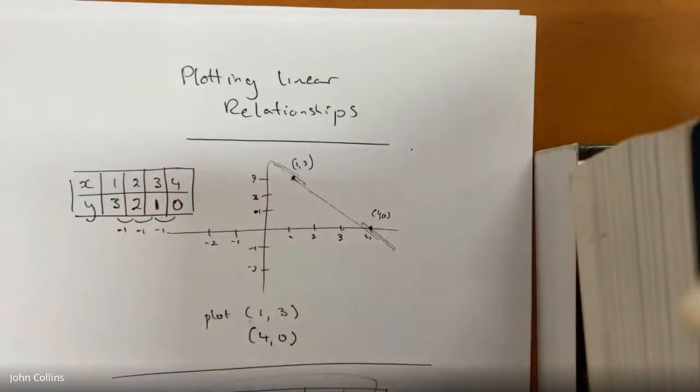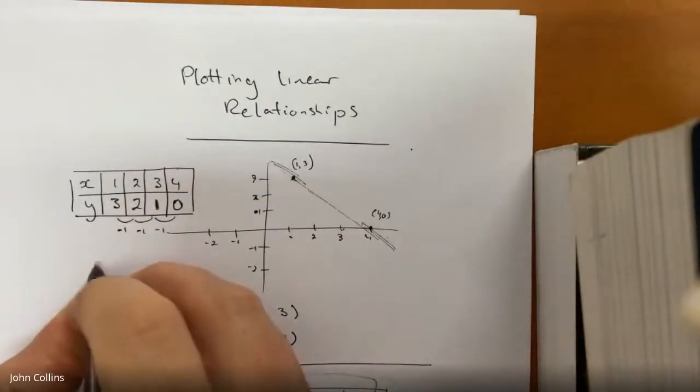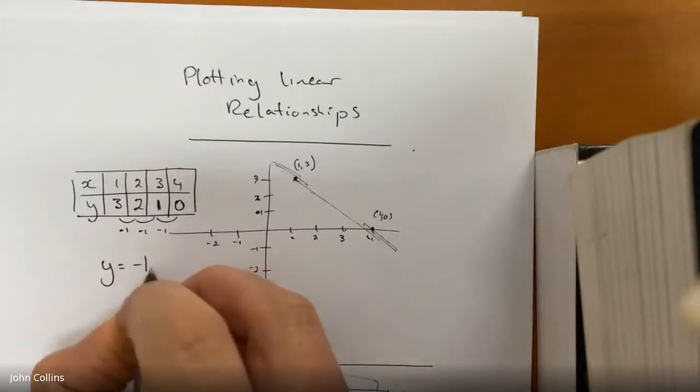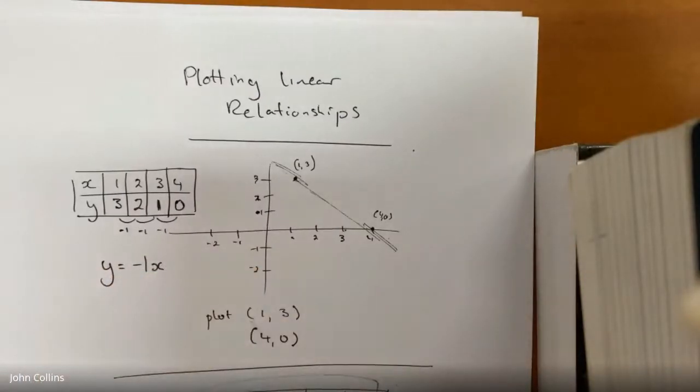That means -1 is our multiplier, which means in our formula we have y is equal to -1 times x, or just minus x. And we need a plus or minus here, don't we?